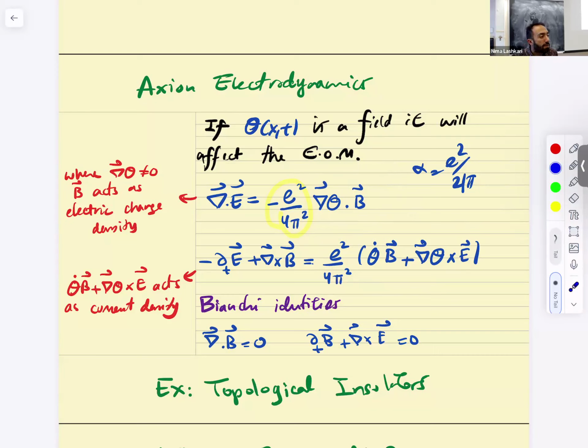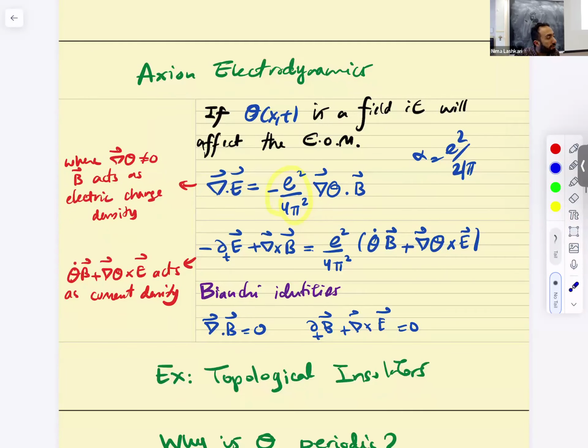We gave an example of this in terms of topological insulators. We said topological insulators are a type of material that act like theta equals pi inside the material, and theta equals 0 outside. Because the boundary of a topological insulator gives you a jump from theta equals pi to theta equals 0, it will give you a gradient of theta.